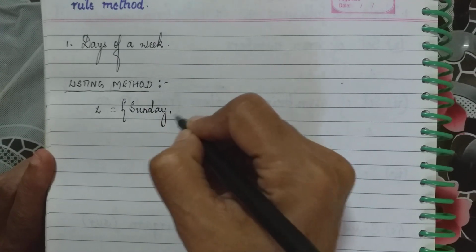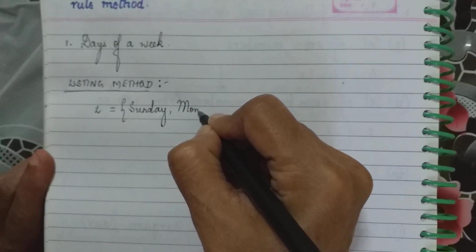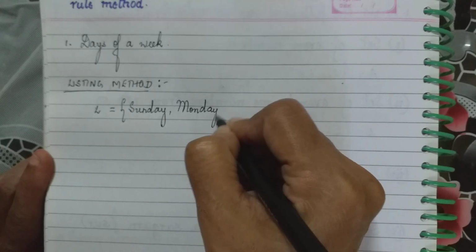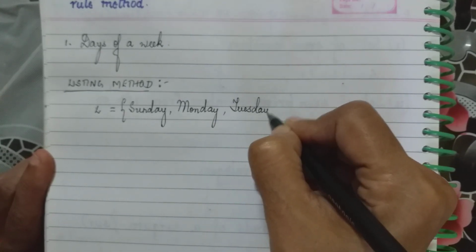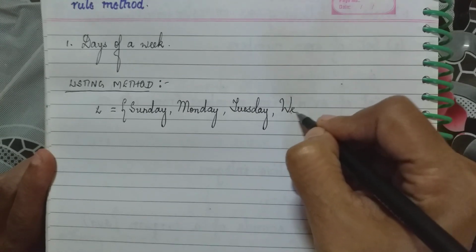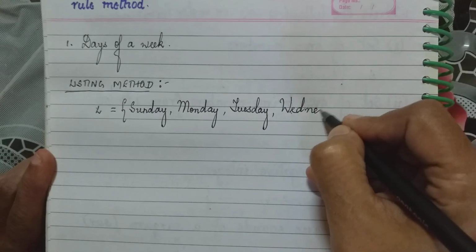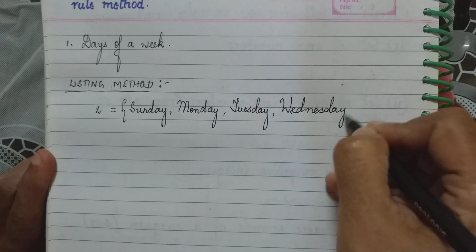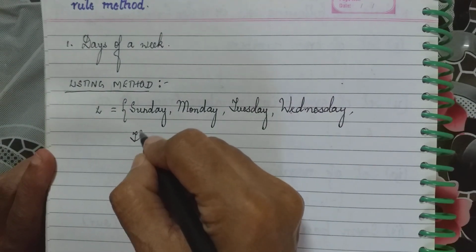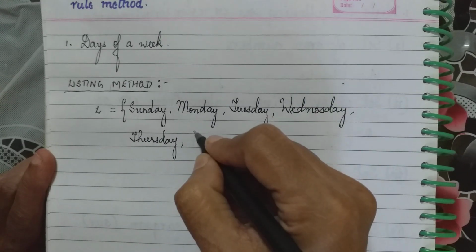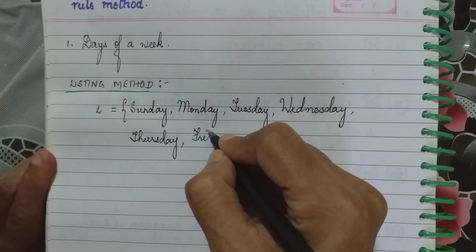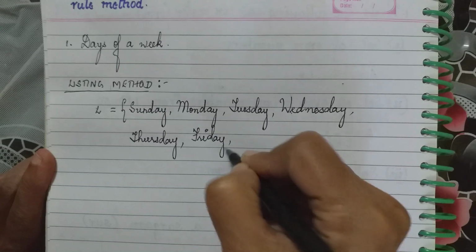So we have Sunday, then Monday, Tuesday, Wednesday, Thursday, Friday, and Saturday.